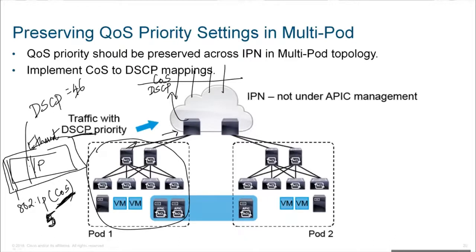But suppose in this table on the IPN, it basically says cost header of 5 becomes a diffserv code point of 40. Now inside here, it travels with a 40. Now when it egresses out, probably uses a reverse table. And 40 might be mapping to 4.